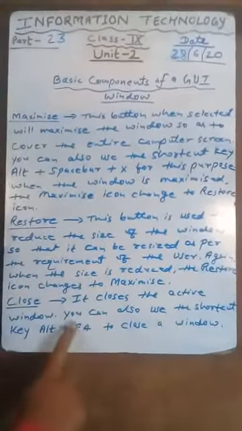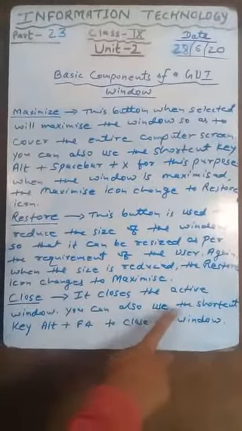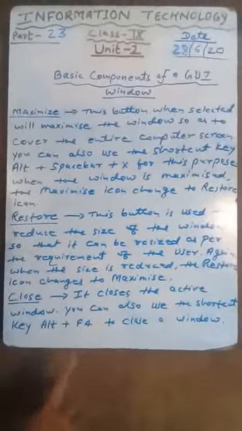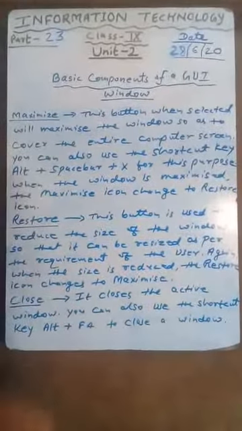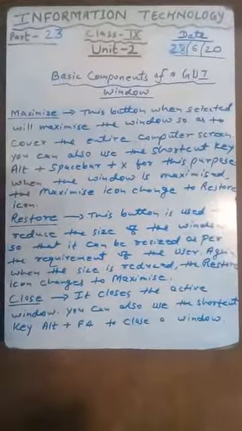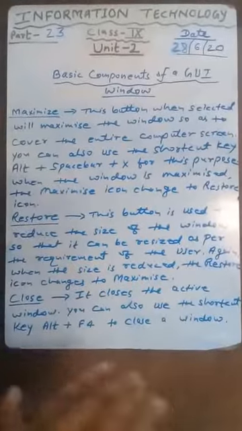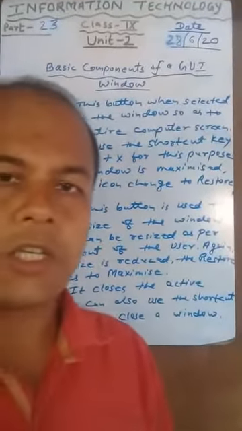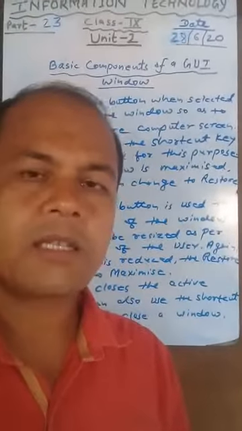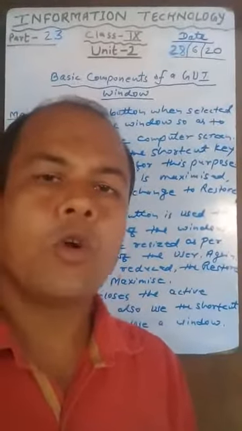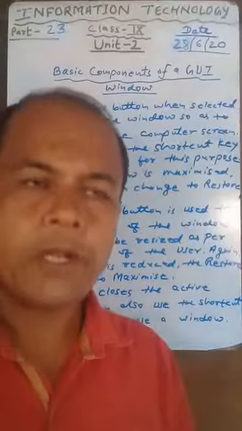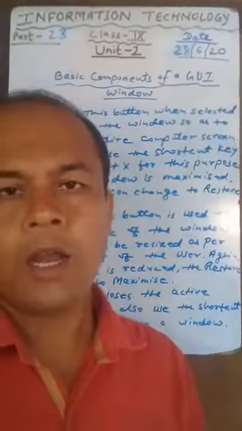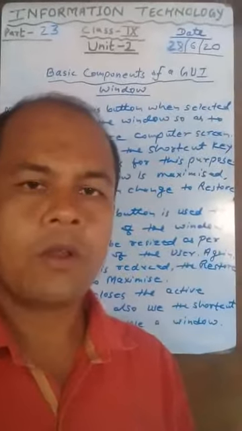You can also use the shortcut key Alt plus F4 to close the active window.